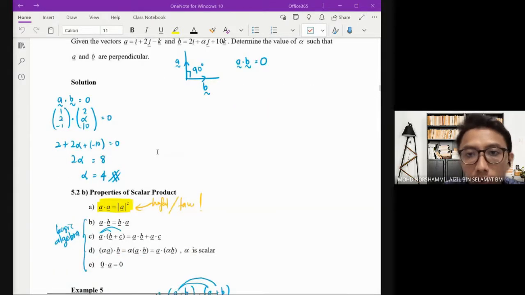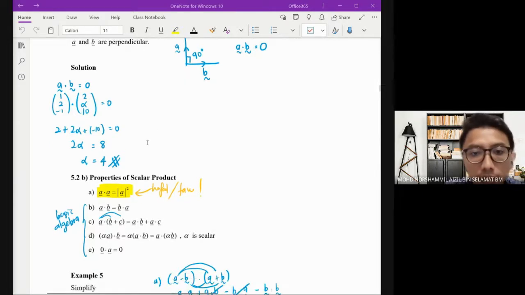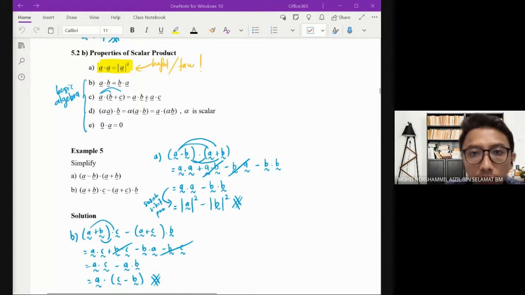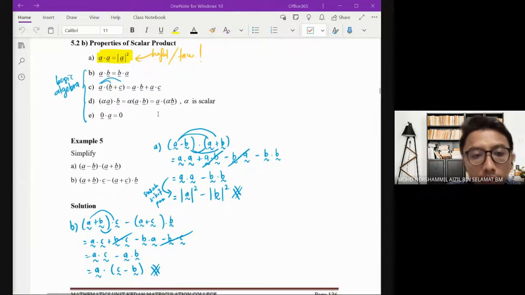Okay, and then of course we can produce angle. Angle, this one given to you angle 90, and then we can find the remaining unknown. And then don't forget about the properties of scalar product. Properties yang paling penting A saja yang kena hafal. Yang kena faham lah, A saja. B, C, D, E ni basic algebra. Kalau tak hafal pun tak apa.